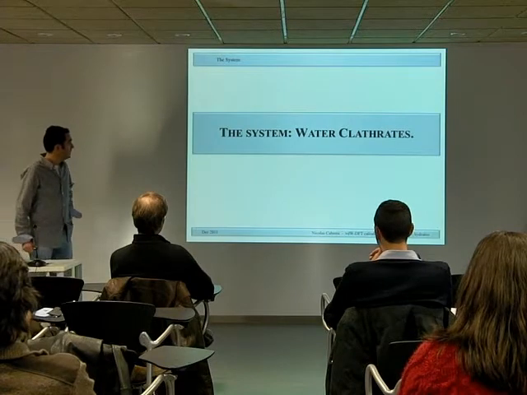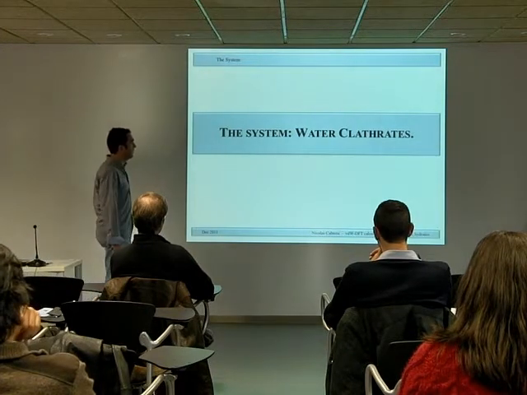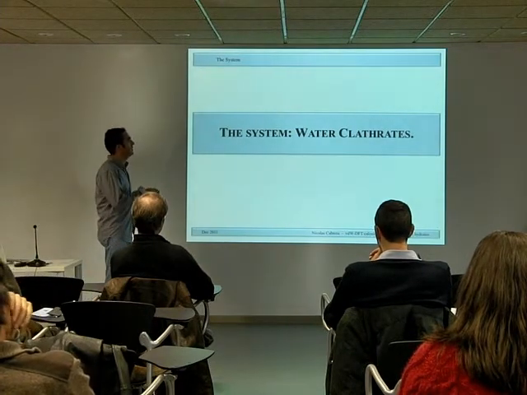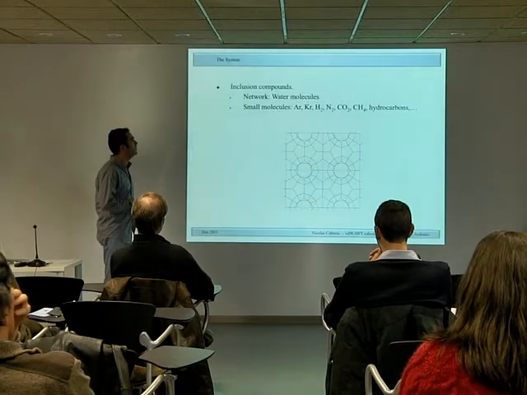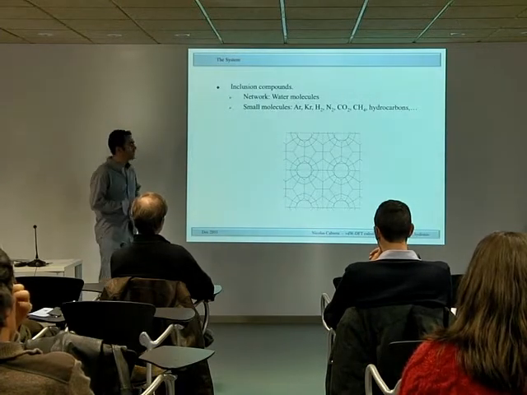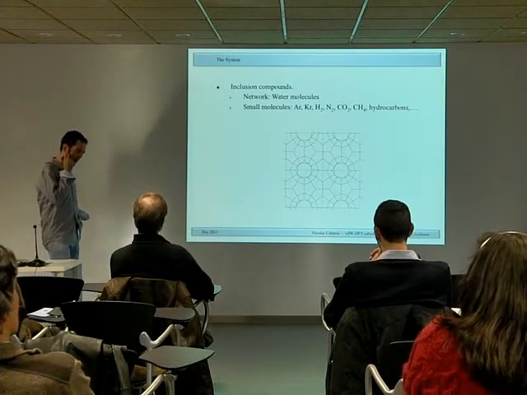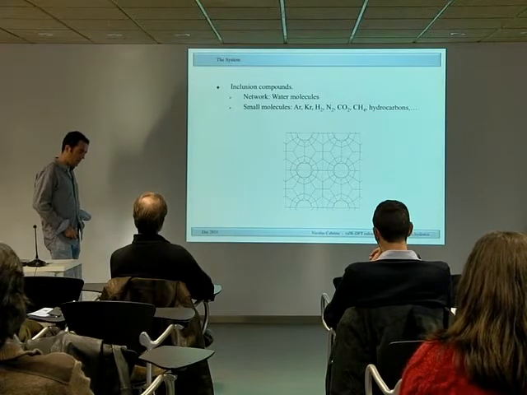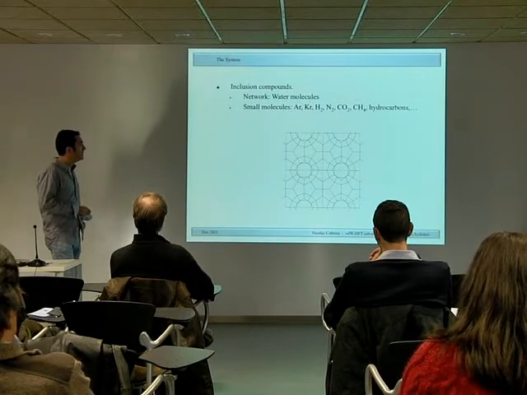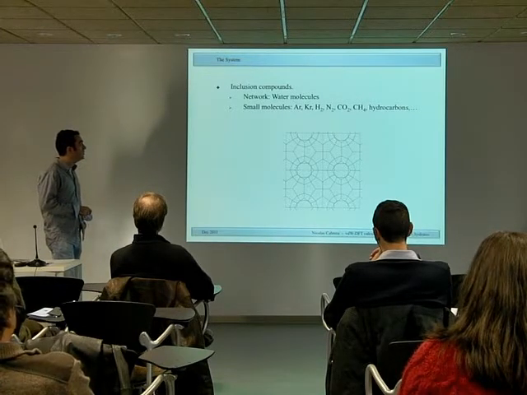So with this, I want to give some ideas on what water clathrates are and why we are going to study this. Water clathrates are crystal structures in which water molecules interact through H bonds.